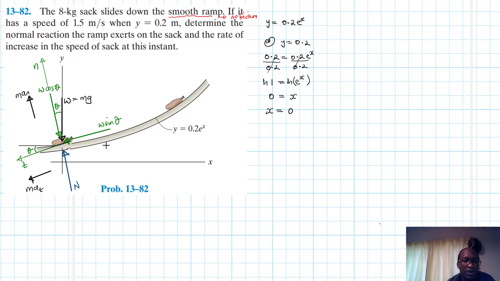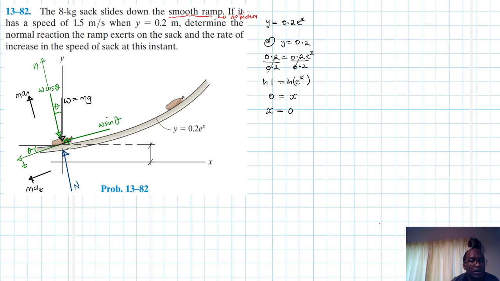Right, so at this point, of course, we know that our x is equal to 0. Let me just also draw this. So let's say this point here, I just dot this up to there like so.